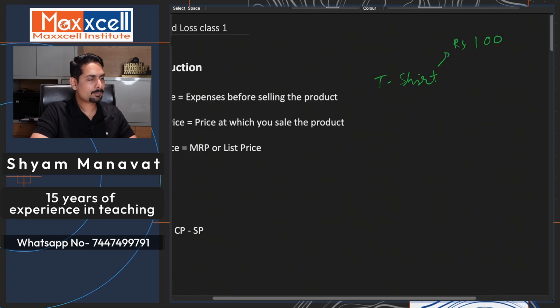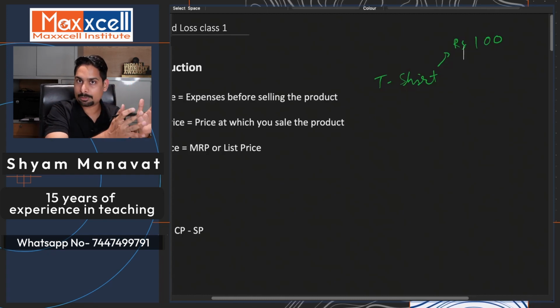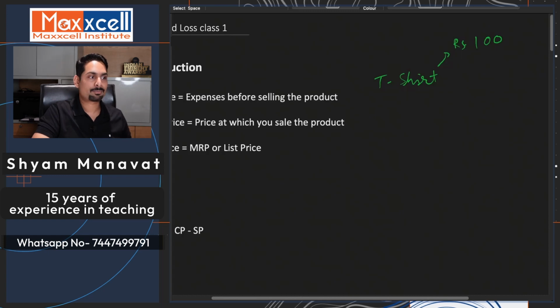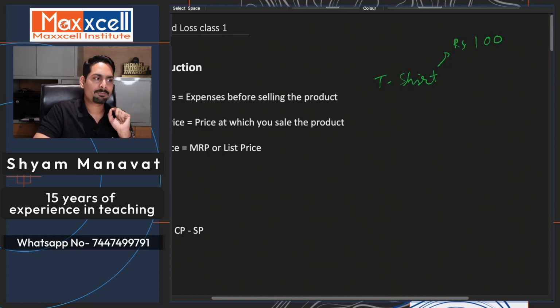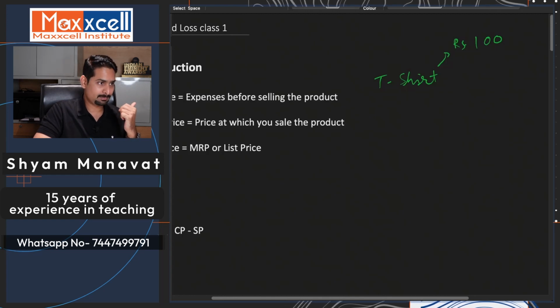Then you got the bunch of t-shirts, the consignment, at your shop, and for that you spend some money. Let's say you spend 5 rupees on transportation on each t-shirt.